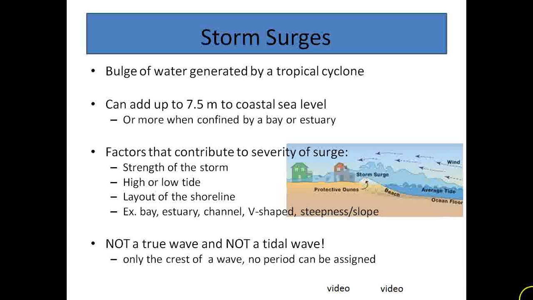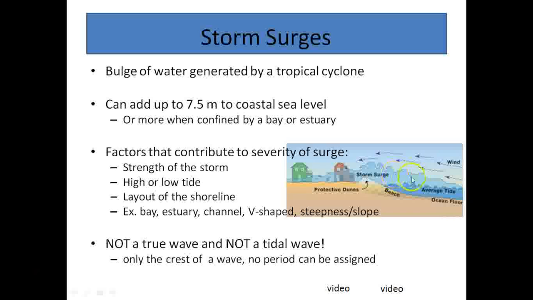This graphic is pretty good. It shows the average tide level here in the dashed line. Normally high tide would go up a bit and then down for low tide, but a storm surge causes an additional large amount of water traveling above that.